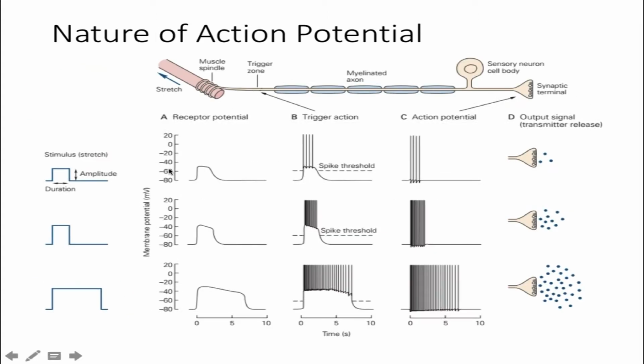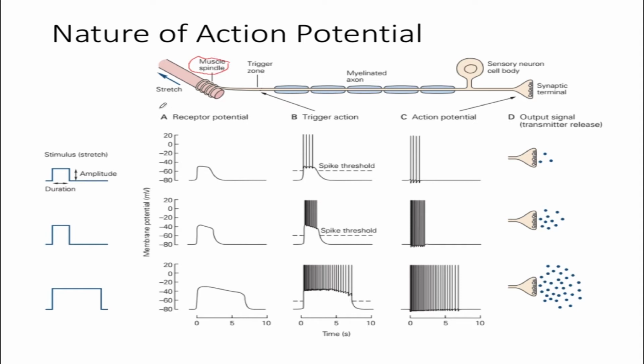Let us look into it with respect to a practical case. We have talked about, if you remember, the reflex action. So let us look into it in terms of the reflex action. In a reflex action, the afferent nerves were linked with the muscle spindle. So this is where the muscle spindle is.